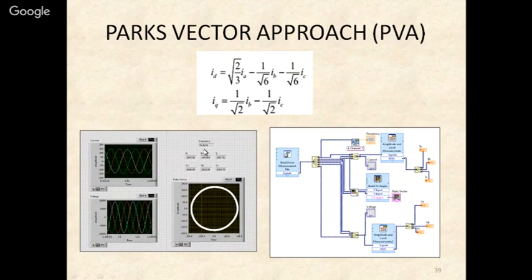Here you can see that if these two currents are plotted against each other, then we will have a circle. For a healthy motor, we will have a perfect circle, but for a faulty motor, the shape of the circle will be distorted, or there will be some features of the fault in the locus of the circle. For this, we have designed a simple VI in LabVIEW. This is the block diagram. This is the front panel of the VI.